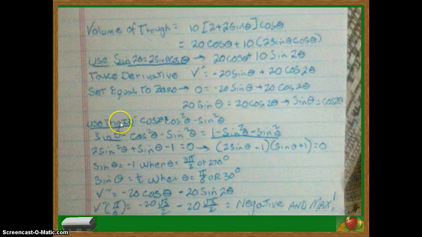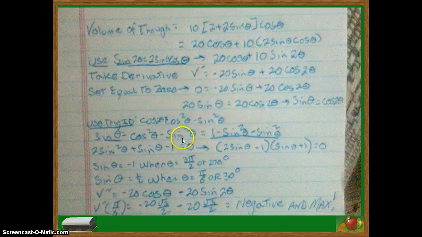Well, we're going to go back and use a trig identity. The trig identity I'm going to use, and it's a little blurry here, says that the cosine of 2 theta equals cosine squared of theta minus sine squared of theta. So where I see the cosine of 2 theta in my equation, I'm going to write cosine squared theta minus sine squared theta. So sine of theta, left-hand side, equals cosine squared theta minus sine squared theta.